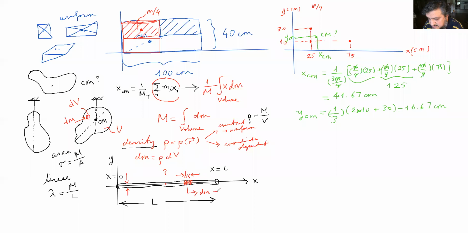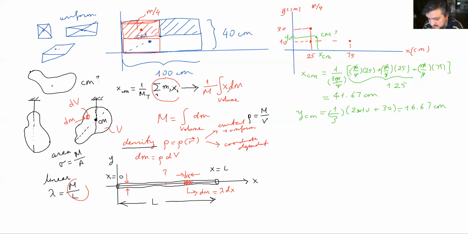So this dm will be the linear mass density, lambda, times dx. Okay, that's the infinitesimal length. All right, so all we have to do is use the formula above, right there.